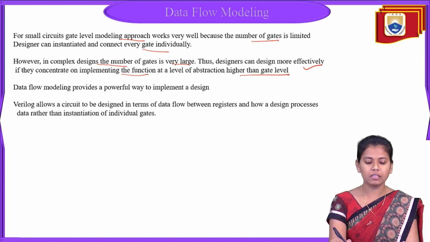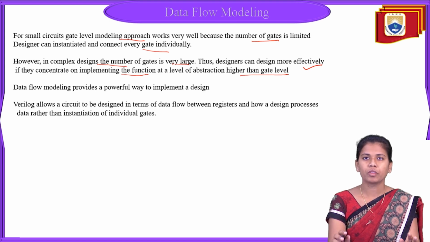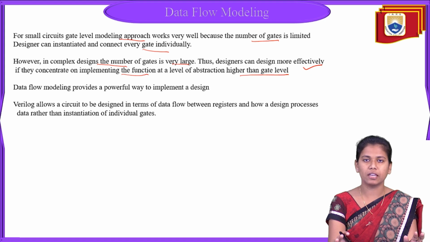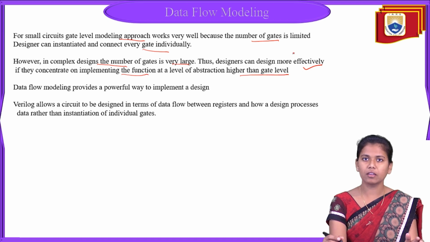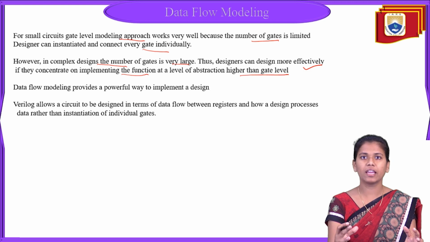If we consider a complex design, many gates are required, and the network of gates looks very clumsy. It is very difficult for a designer to design in a short time and in a prominent way, so to overcome this they go for data flow modeling.